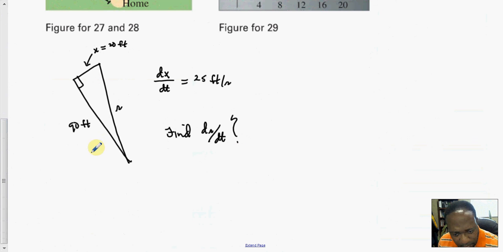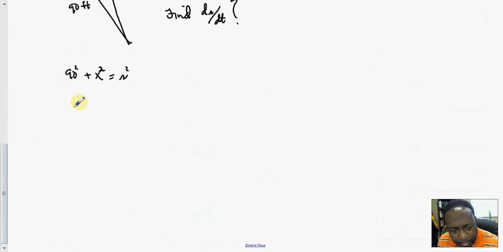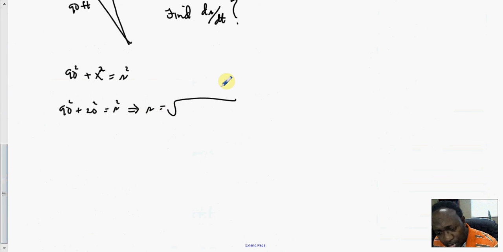Well, since this is a right triangle, we have 90 squared plus x squared is equal to s squared. Now we can use the fact that we know that x is equal to 20 to calculate s. So we get 90 squared plus 20 squared is equal to s squared. This implies that s is equal to the square root of 90 squared plus 20 squared.